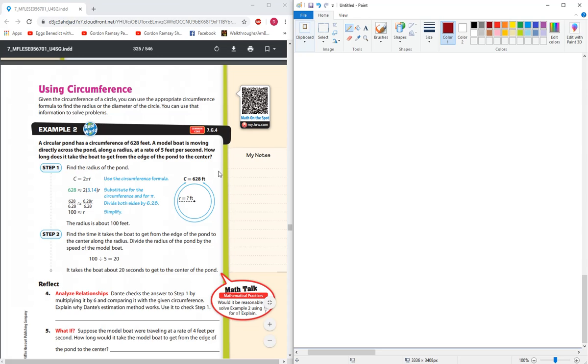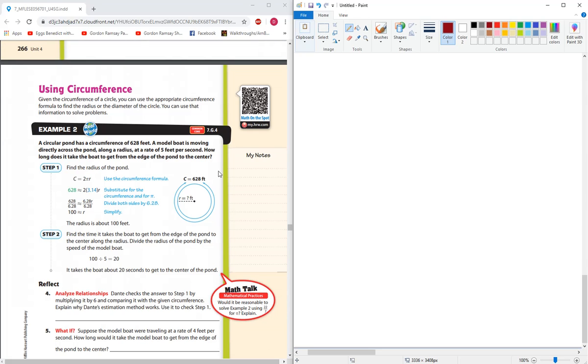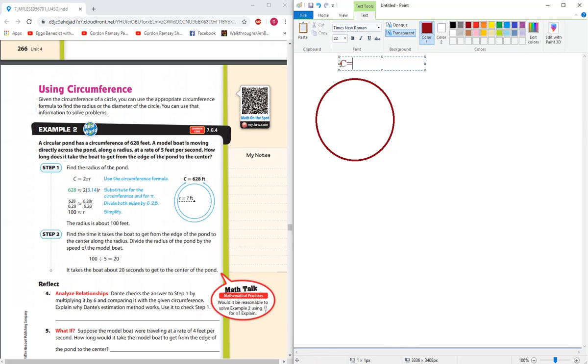So this is a multi-step question. Let's think about what we need right now. We know that we have a pond. We know that the circumference of this pond is 628 feet.